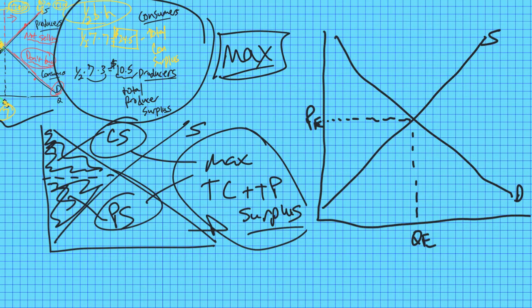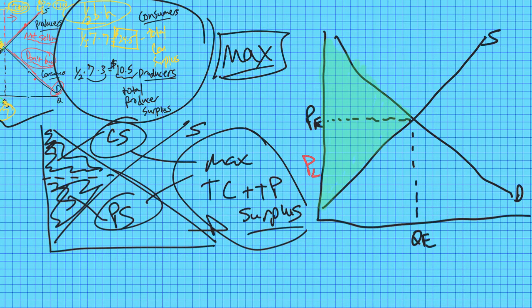So let's say that this green is the area of consumer and producer surplus at equilibrium. So this whole area right here. And let's look at it if we change the price. We say buyers would be better off if the price were to be, let's call that PL, price low.